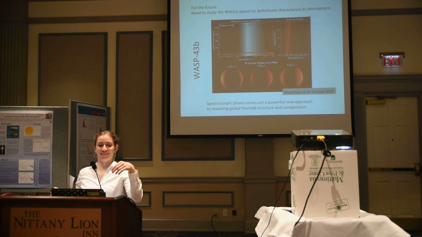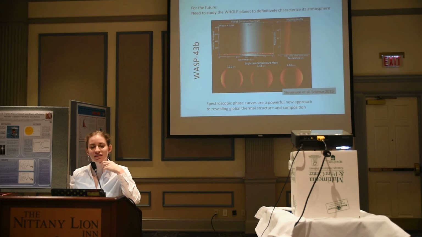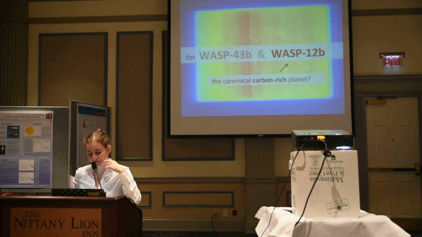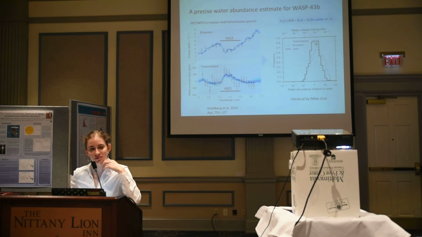Yeah. Right. So you're talking about the precision of water abundance measurement for WASP-43. It's from 0.5 to 3.5 solar abundance. And then you talk about the distribution of hot Jupiter water abundance. How does the distribution of water abundance constrain formation history of hot Jupiters?